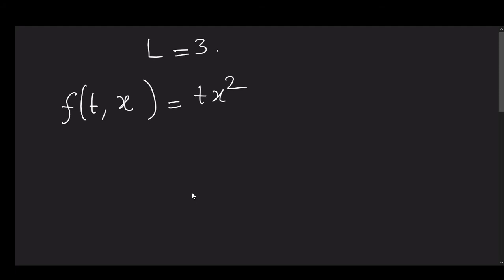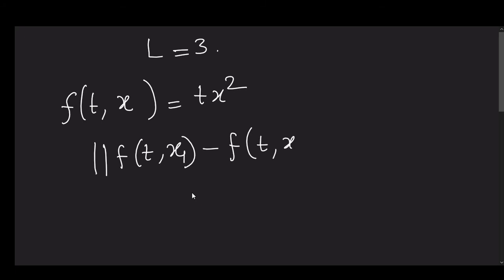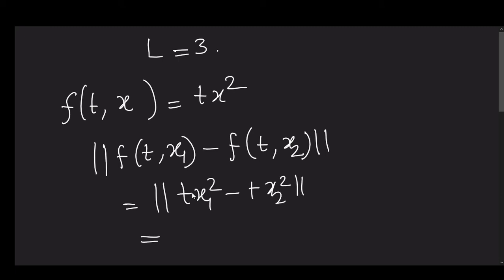So what you will have here, f of t comma x1 minus f of t comma x2, will be how much? t of x1 square minus t of x2 square, that will be t of x1 minus x2 into x1 plus x2.